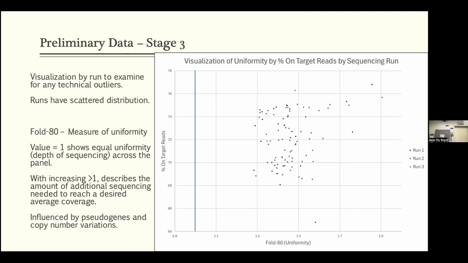And with copy number variation, if you have an abnormality in a sample where there is that copy number, you'll get a lot more reads going into that. It will lessen some of the reads in other areas because there's only so much coverage across that sample. So you'll have a drop in so-called uniformity simply because of that abnormality.